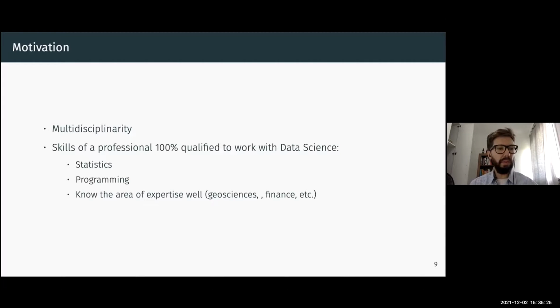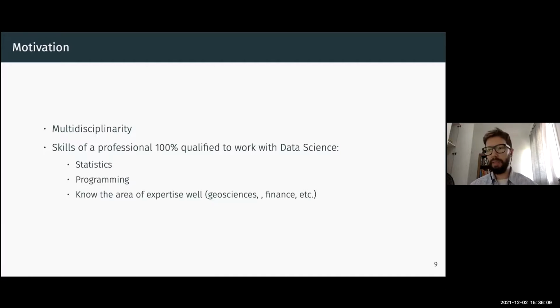A data science professional needs to know statistics, of course, because at least in my opinion, data science is kind of a rebranding of the word statistics. And programming, because sometimes your data sets are huge, especially with big data. So statistics and programming walk side by side in data analysis.